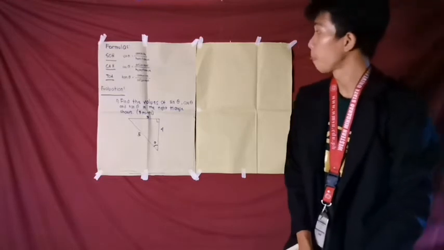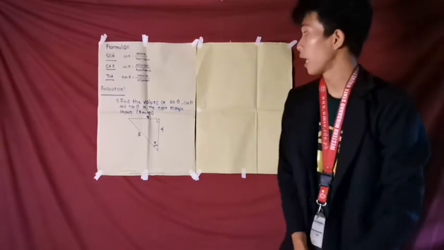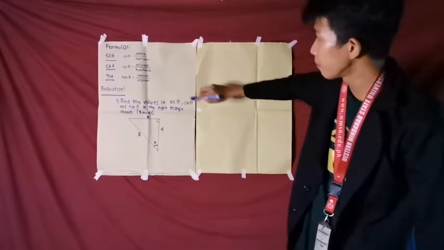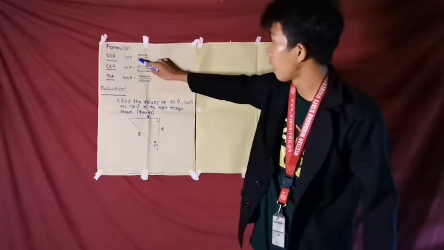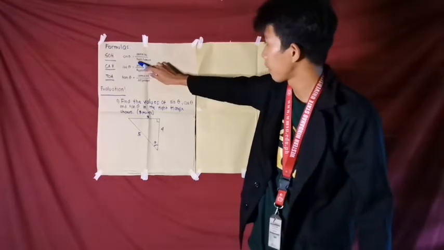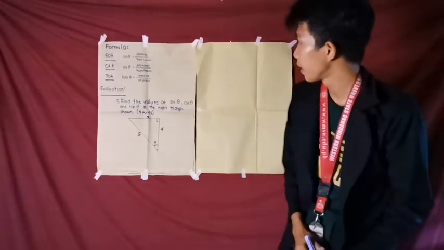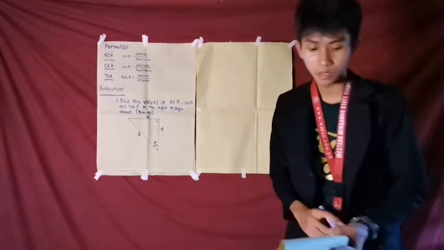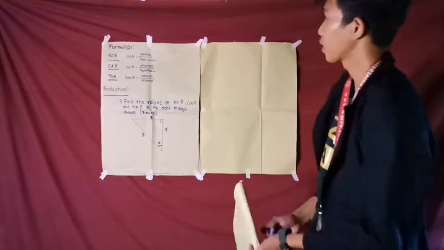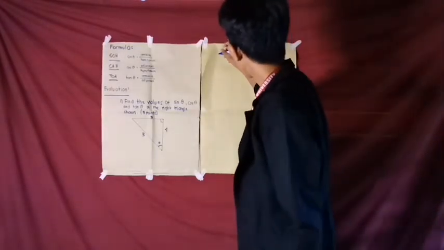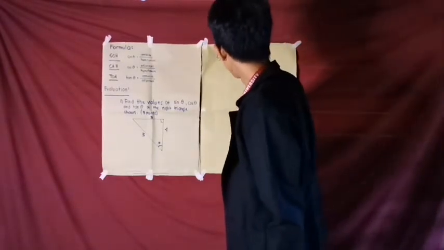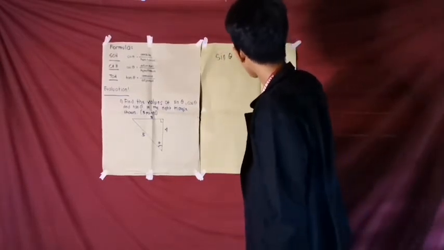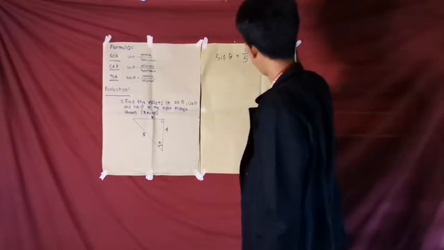Let's discuss the formulas of SOHCAHTOA. I'll teach you how to solve the sin, cos, and tan. The sin is the opposite over the hypotenuse. For example, sin equals 1 over 5.